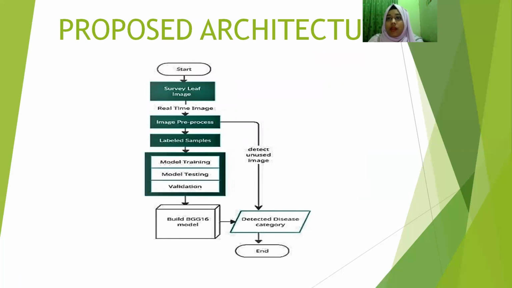Proposed architecture. For the research, surveyed leaf images of around 10,000 were collected, and 1,500 for early blight and 1,500 for late blight are finally selected for this research. As all the images are collected from various devices like Android phones, iPhone and digital camera, all the images are of various sizes or resolutions.